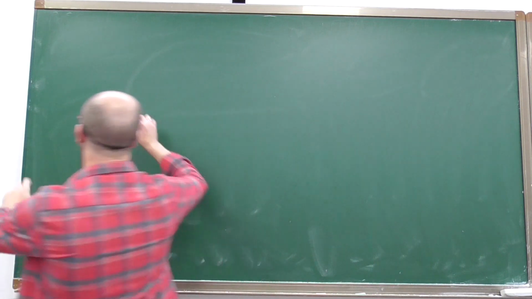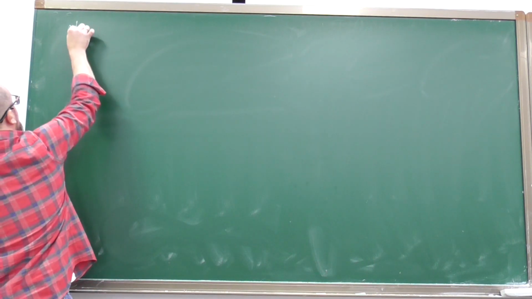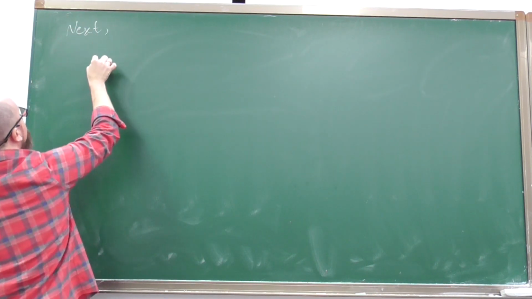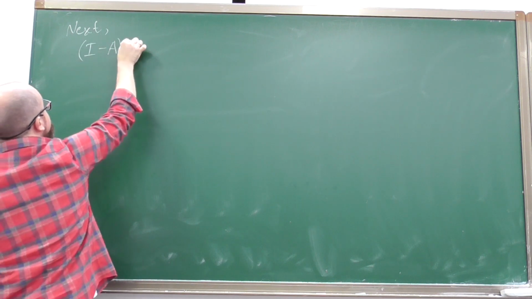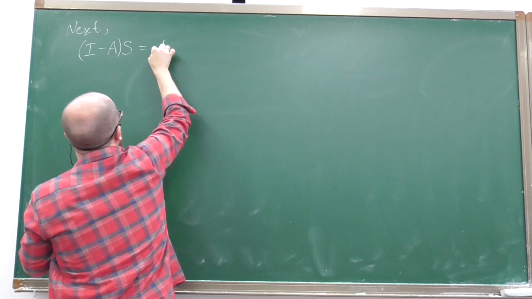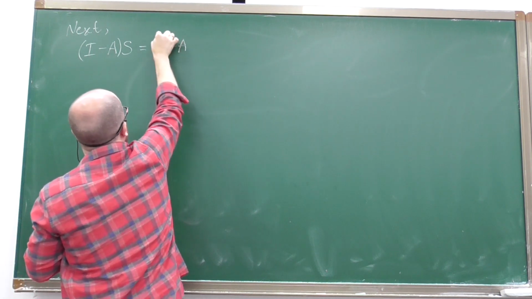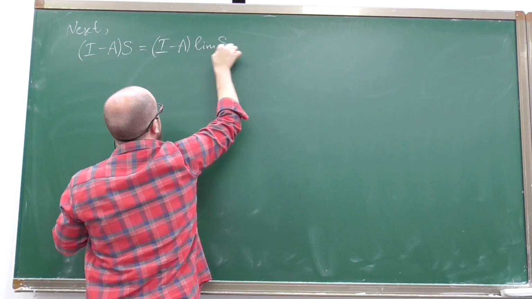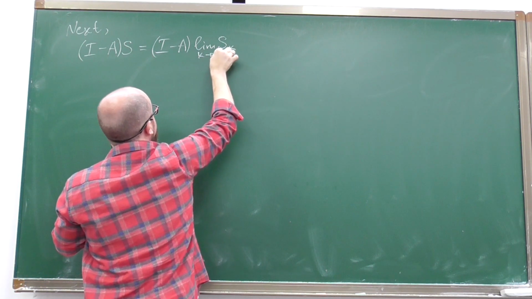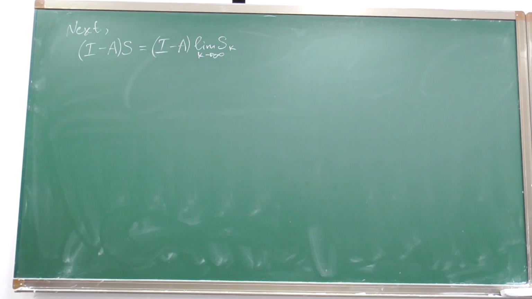Further, we have identity minus A times S equals identity minus A times the limit of S_k, by the definition of S and the definition of S_k.